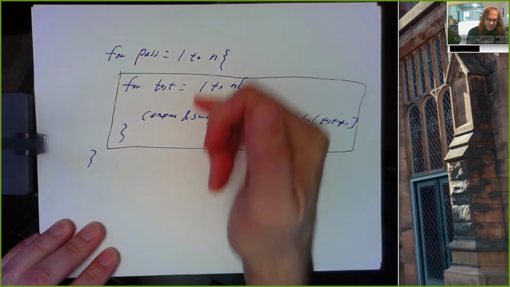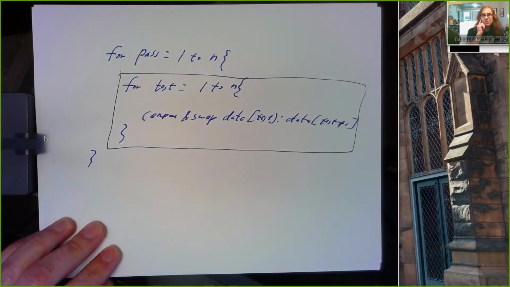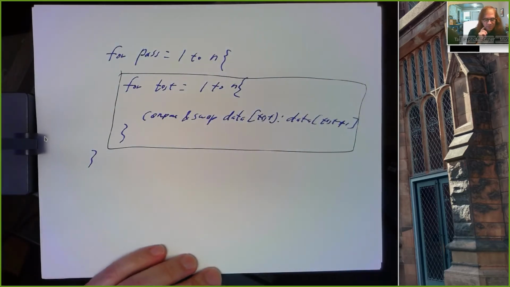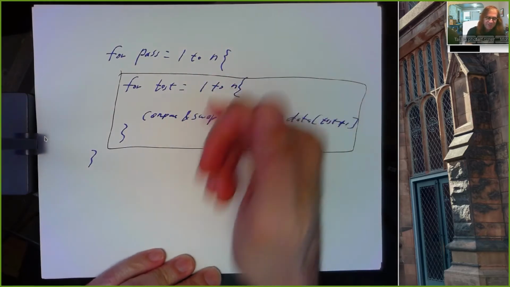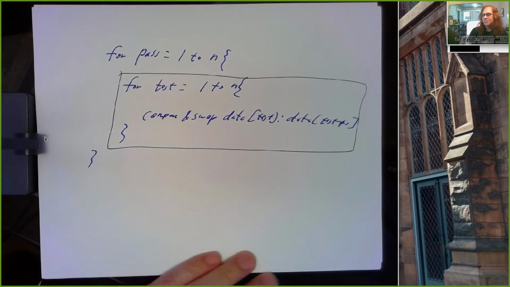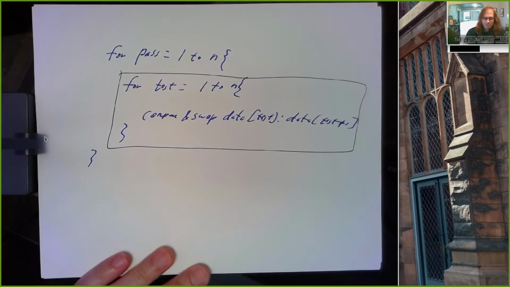And at the end of this loop, one piece of data has moved into the correct spot. And since we have n pieces of data, if we just repeat this inner loop n times, that will sort the entire array.